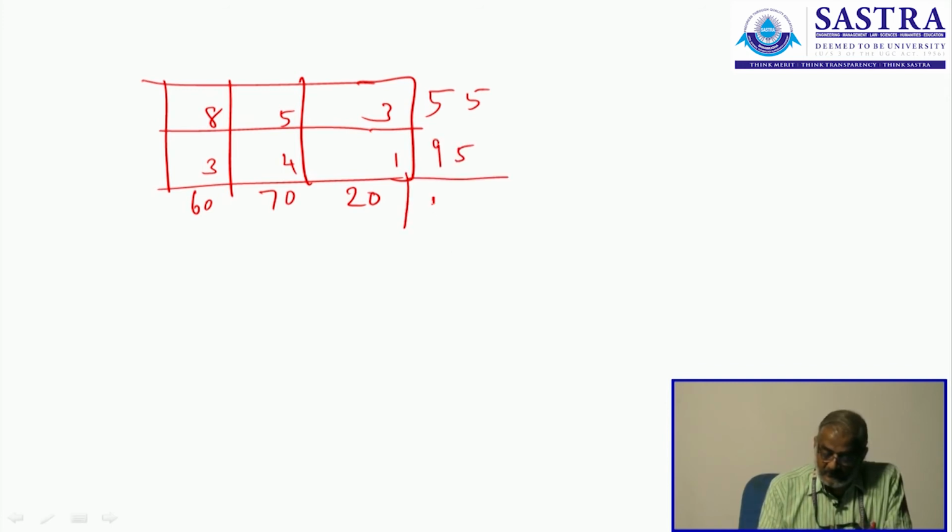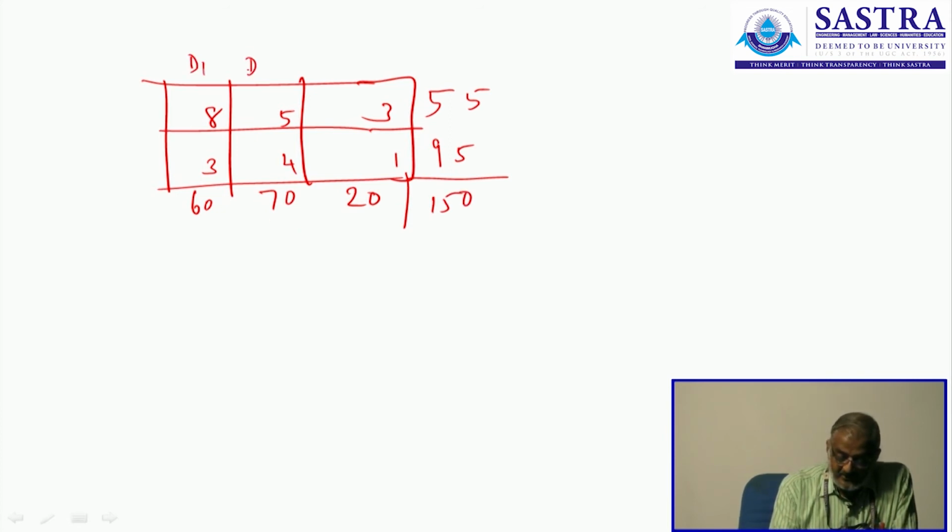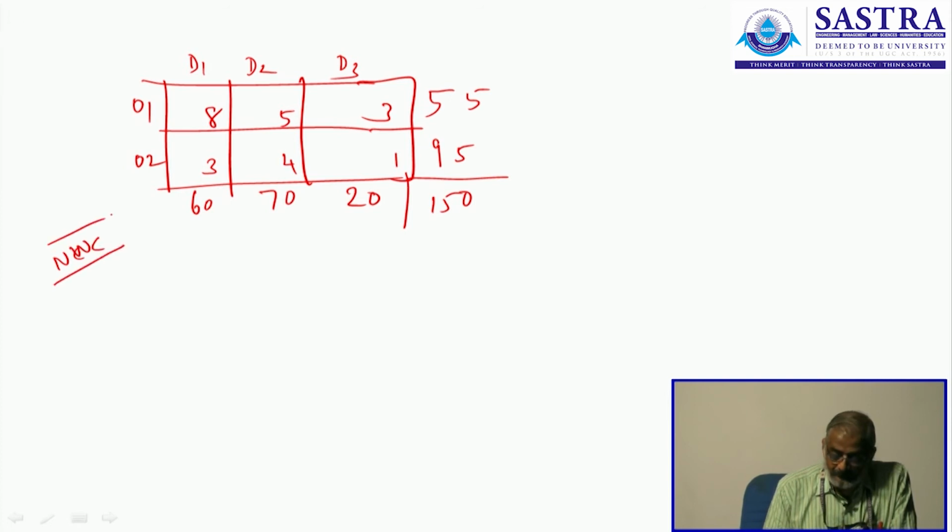So that you will have 150 here, 150 here. You will have destination 1, destination 2, destination 3, origin 1, origin 2, right. Let us first solve by NWC method. Now since the total demand equals total supply, it is a balanced transportation problem.